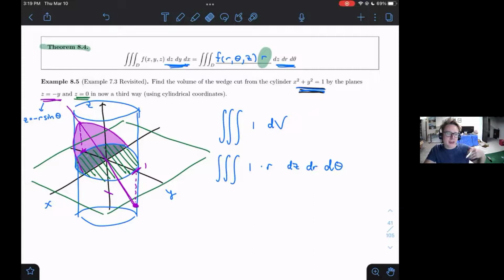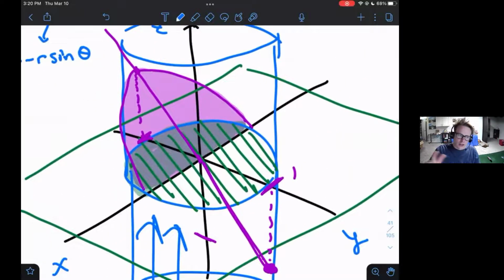Now, the big thing is that I need to set up my bounds. What should be the bounds of my integration? If I'm integrating with respect to z first, imagine that I'm traveling in this z direction, and I have to think about what I hit first to enter the solid, and what I hit second, how I exit the solid. Traveling in this z direction, the first thing I hit is this green surface.